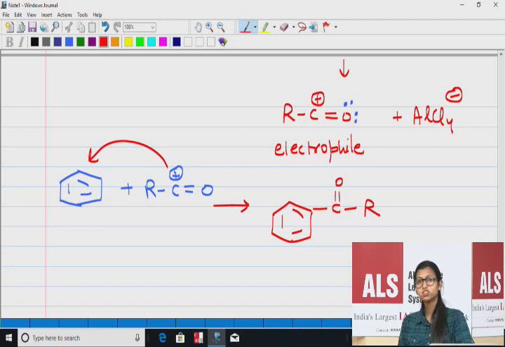So acylation is clear to everyone? Senapati Center, Satna Center, New Center.